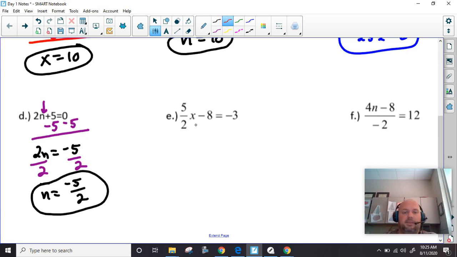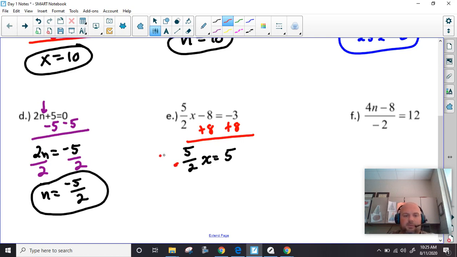All right, right here, we need to add 8 to both sides. Now, this is where that calculator can really come in handy. Because this is the same thing as 8 minus 3. Well, that's 5. All right, remember, we got to multiply by the reciprocal. Now, I know some of y'all will multiply by 2 and divide by 5. That's all fine.